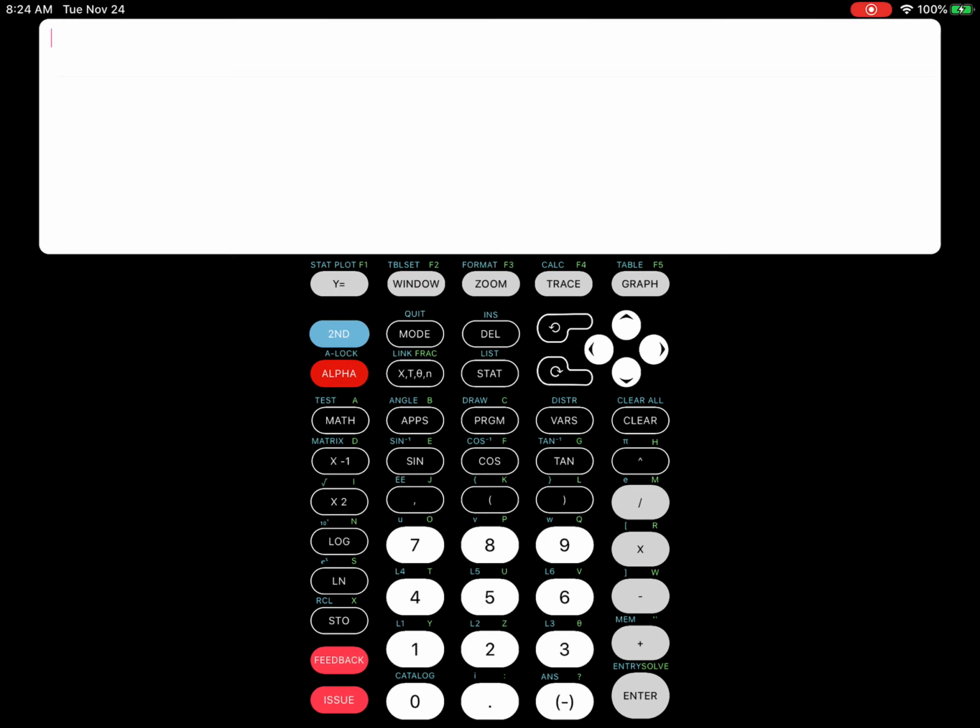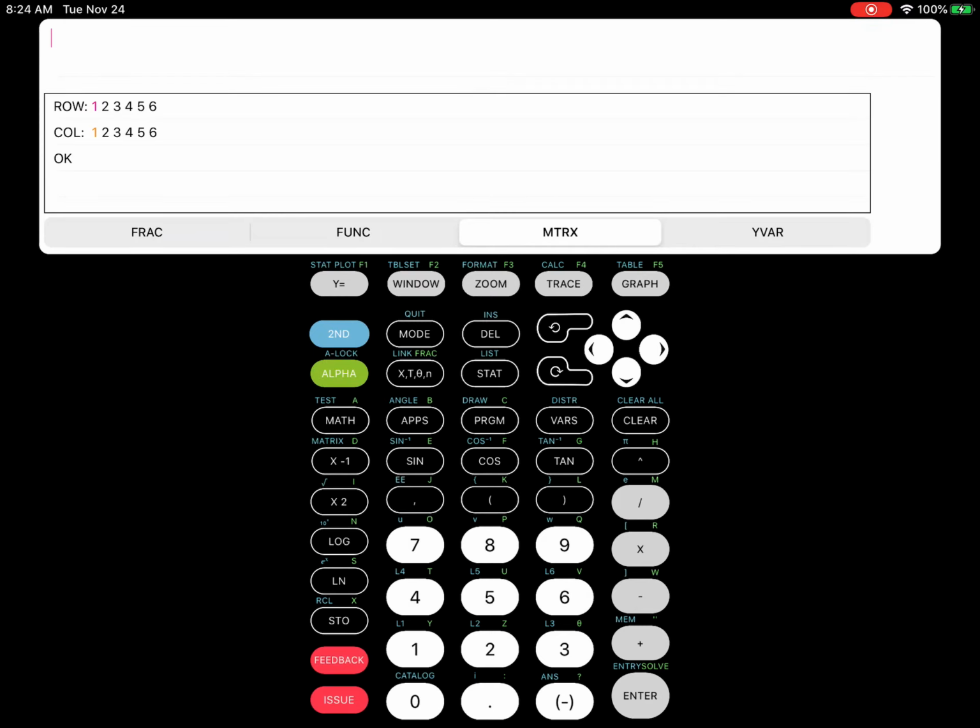So you're going to hit alpha, zoom. Now, it's going to look a little different probably. What showed up on this screen is a little different than what shows up on my actual calculator, but essentially the same thing.